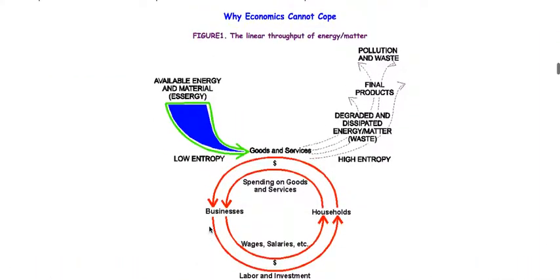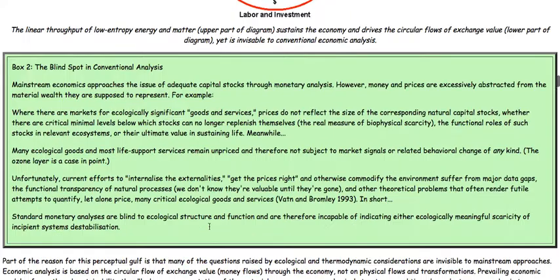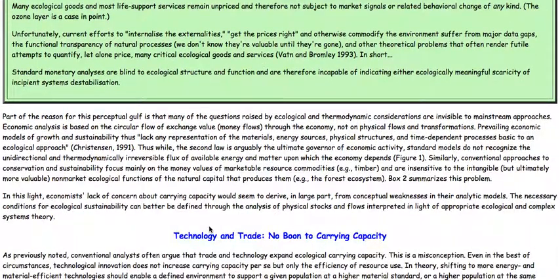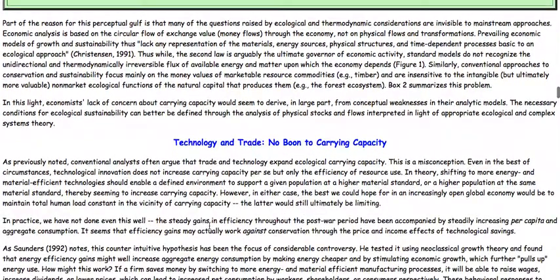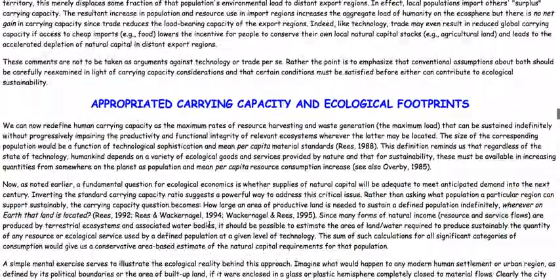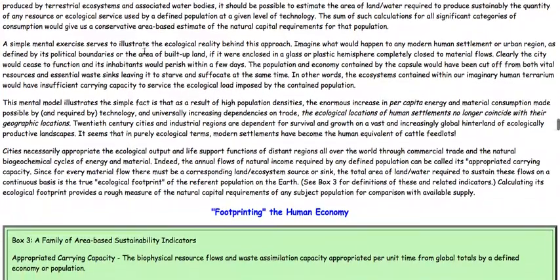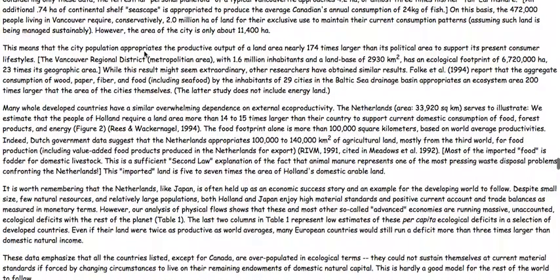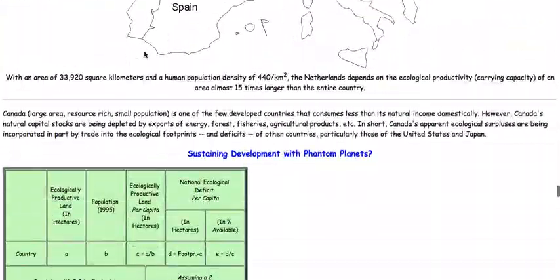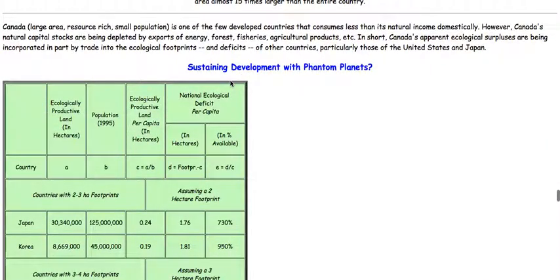Then it's going to talk a little bit about why economics can't cope presently with the boom of populations. From there, it's going to have you read about appropriated carrying capacity and ecological footprints. And then finally, it talks about sustaining development.